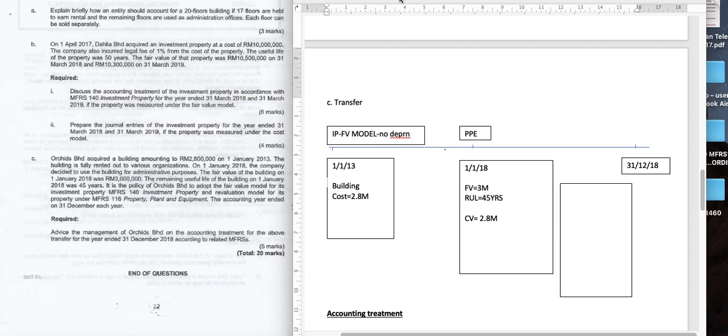Can I draw that? Okay, so the cost here become the carrying value 2.8 million because there is no depreciation on the IP.